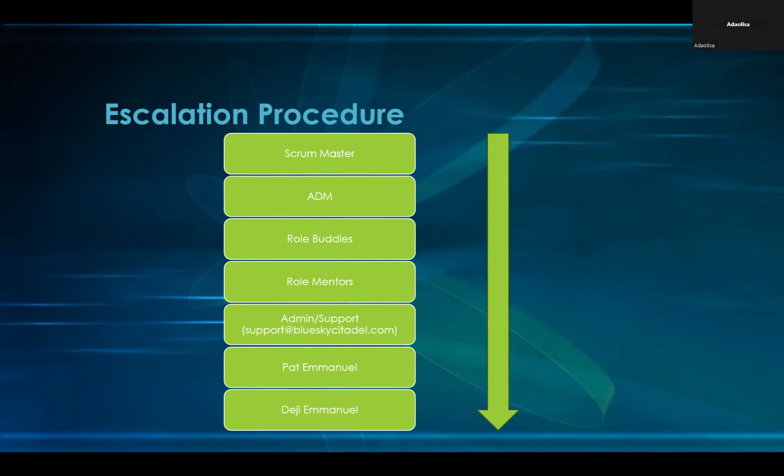Now, it's possible that your ADM role body is not able to resolve the issue, and they speak with another body who is not an ADM, because for some of the issues, everyone on the platform has a good understanding of how things work and how to get your issues resolved.